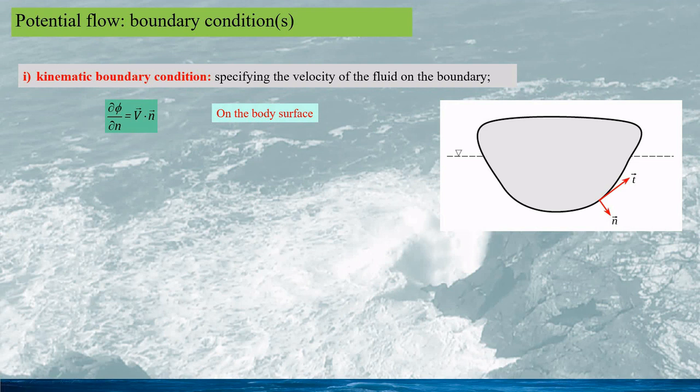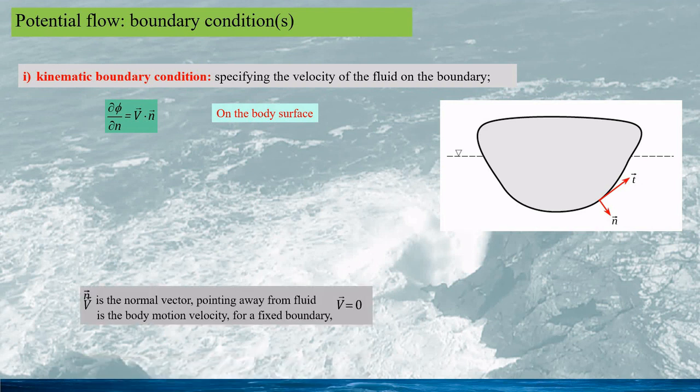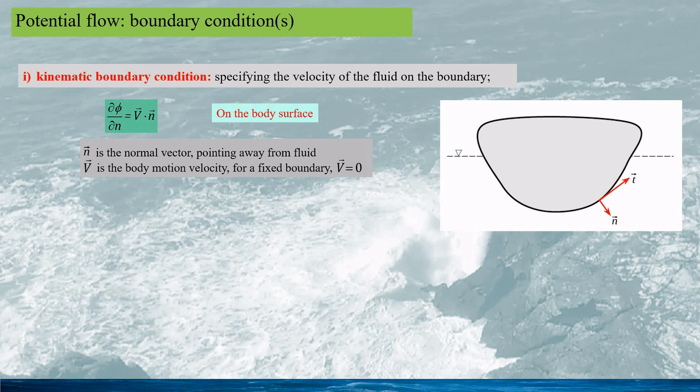In irrotational flows, the no-slip condition is not applicable. Here, n is the normal vector, v is the body motion velocity. For a fixed boundary, v is 0.